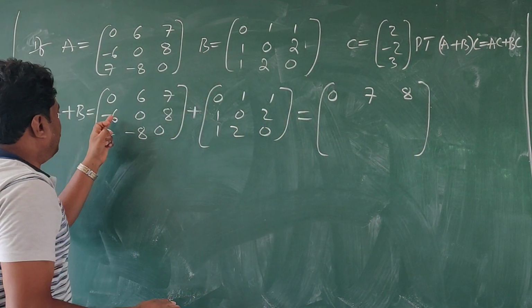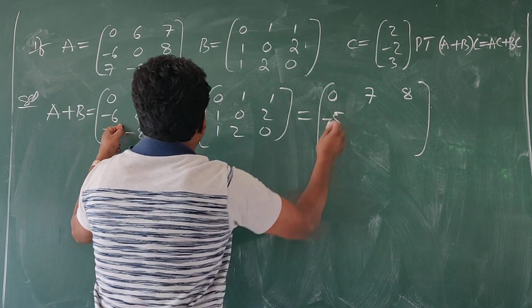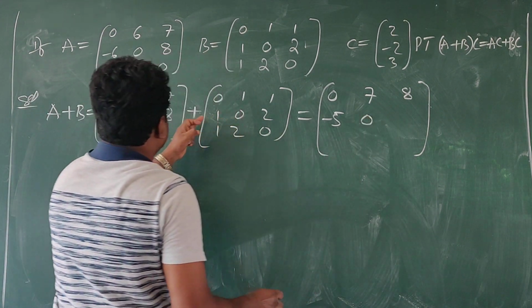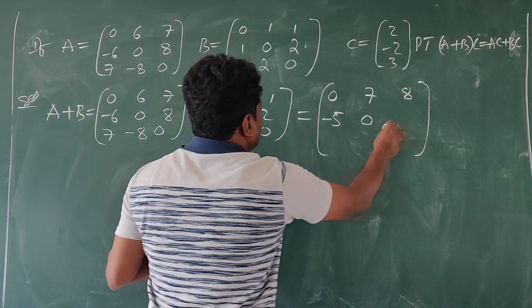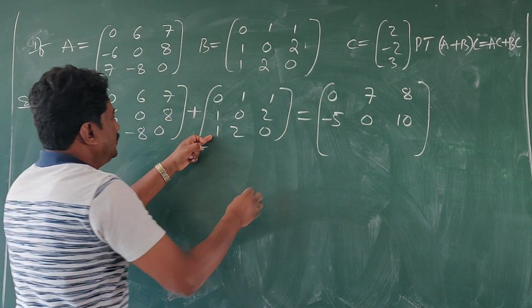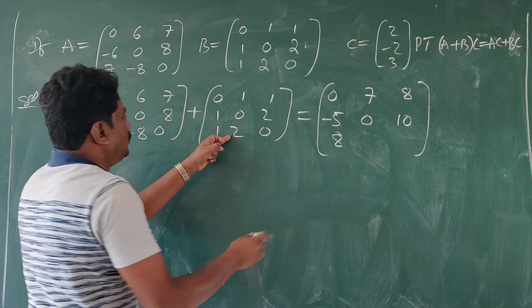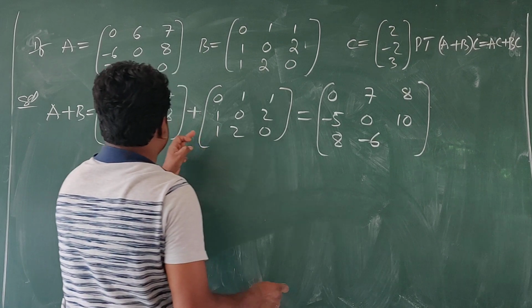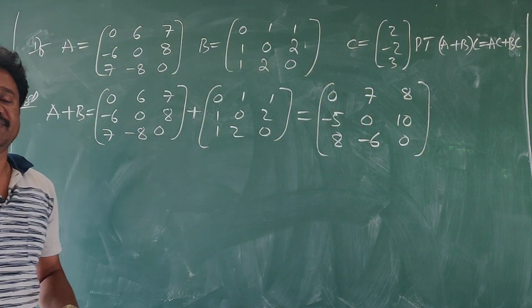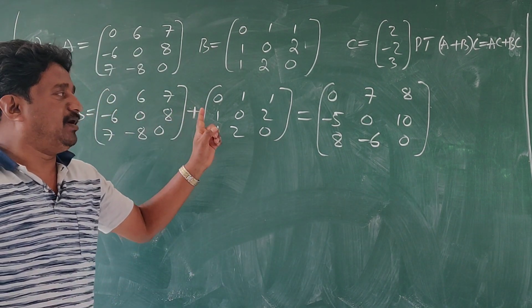Next, -6 plus 1, -5. 0 plus 0, it is 0. 8 plus 2, 10. 7 plus 1, it is 8. -8 plus 2, -6. 0 plus 0, 0. I think we found the A + B value.